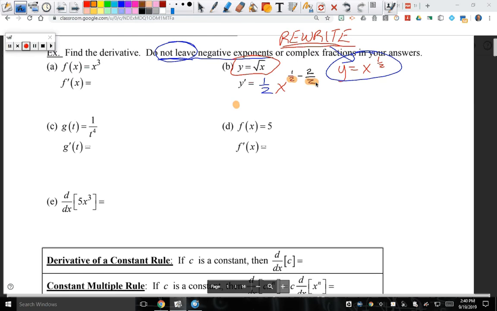Okay? So we get y prime is equal to 1/2 x to the negative 1/2. Because of algebraic manipulation, I will not accept this answer on a test or a quiz because I want you to get comfortable with knowing which pieces move when and where with negative powers.